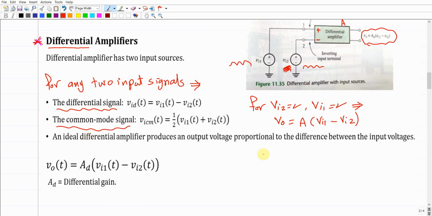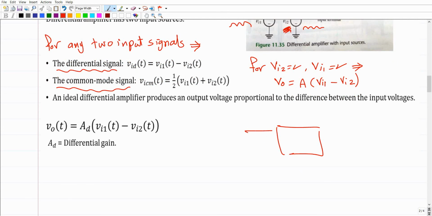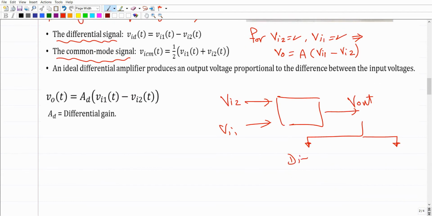So again, in general, if we have an amplifier and two input signals, VI1 and VI2, there should be an output, V output here, right? This output signal would be in one of these two forms: the differential signal or the common mode signal.